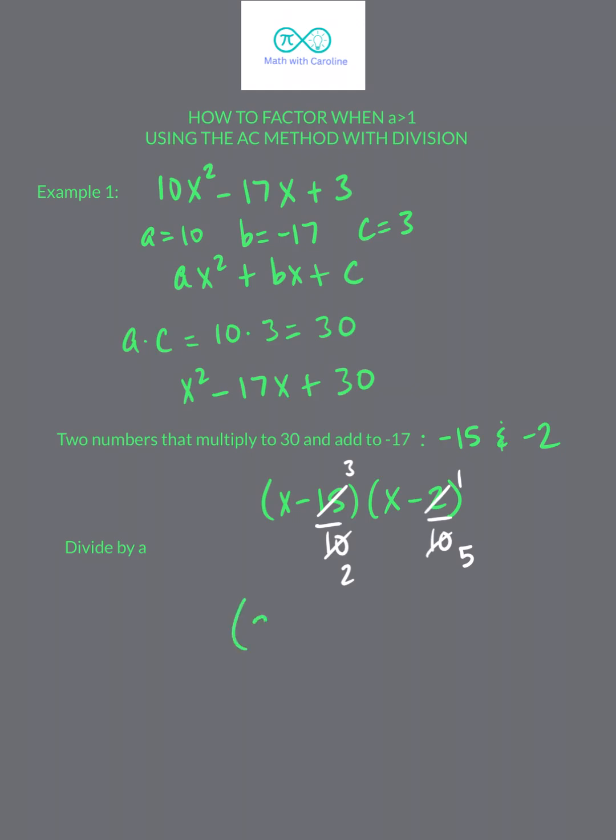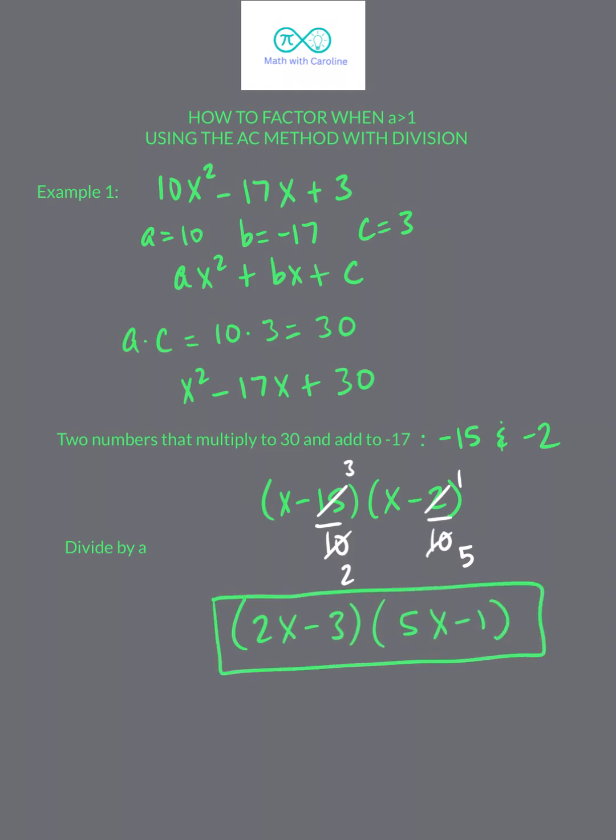So this now becomes 2x minus 3, and this becomes 5x minus 1. And that is our factored form, and we're going to check this with multiplying. But I just want to show you again. So this 2 goes in front of this x, and then this 3, you bring that down. And then this 5 goes in front of this x, and then this is just minus 1 that's left here.